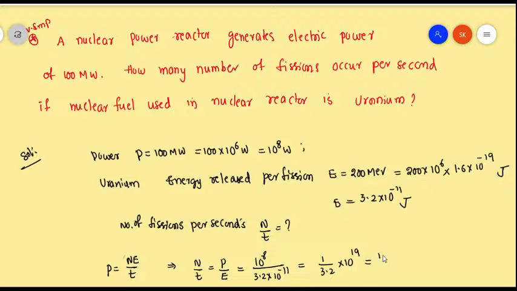This we write as 10 by 32 into 10 to the power of 19, and also as 100 by 32 into 10 to the power of 18. Simplifying, we get 3.125 into 10 to the power of 18 fissions per second. This many fissions will take place.